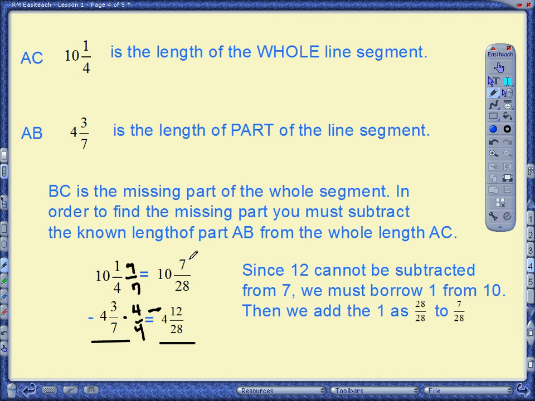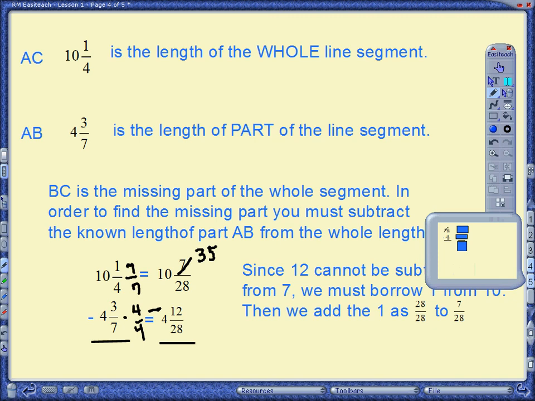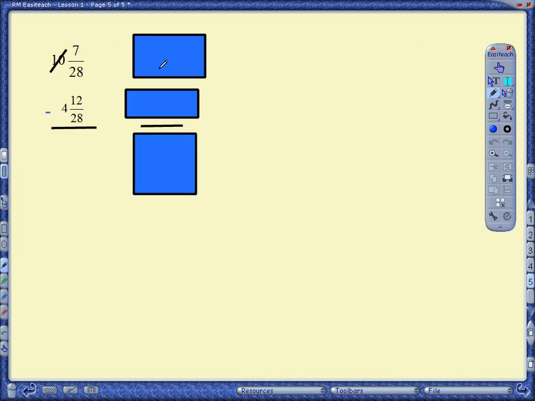The shortcut method for doing that is to cross out the 7, add the 28 and the 7, and make it a 35. And that's going to give us our answer, which is going to be shown on the next page. And that's going to be, now, I think I can make this come down, 9 and 35 over 28, just like we said.